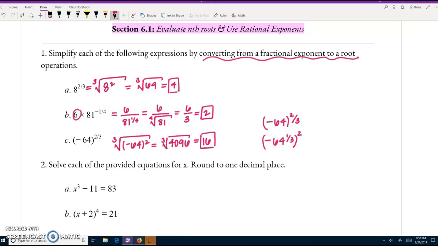If you think back to your 6.1 notes packet and your 6.2 operations, this is where we did the reverse of the distribution property. The reason we would want to do this is then I can consider my inner piece as the cubic root of negative 64, and then I can square that quantity. 64 is a perfect cube, and if there's a negative, it's just going to bring along a negative with it, and I'll end up with negative 4 squared, which is also 16. So it's going to check out either way.